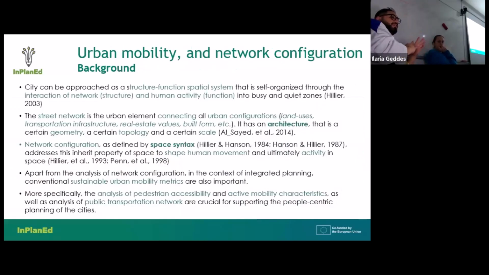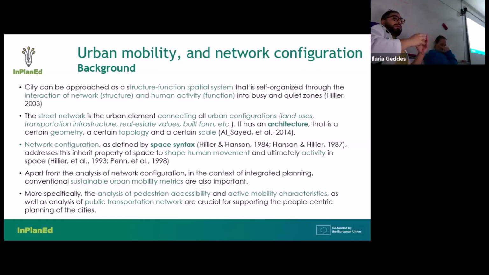Now, let's move on with some metrics about mobility and configuration. As we have probably heard in other lectures from Ilaria, but also from Ed from Space Index, Space Syntax is an important method for analyzing and understanding the city. The city can be approached as a structured spatial system that is self-organized through the interaction of network and human activity.